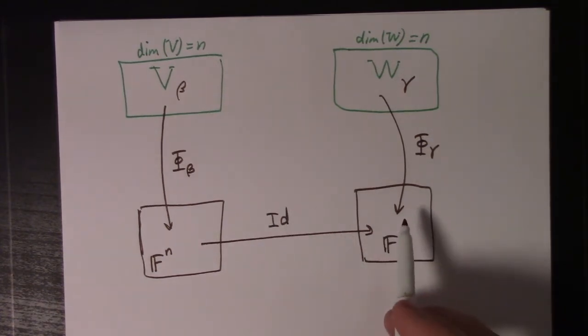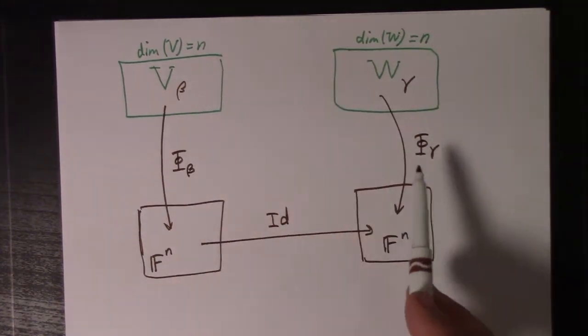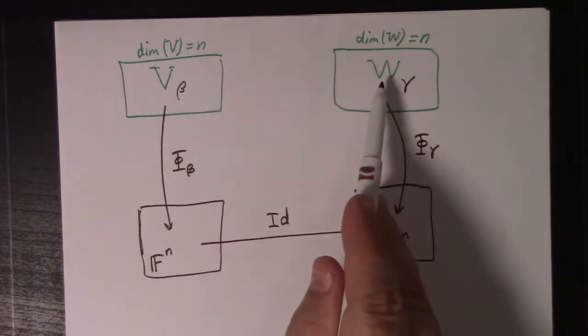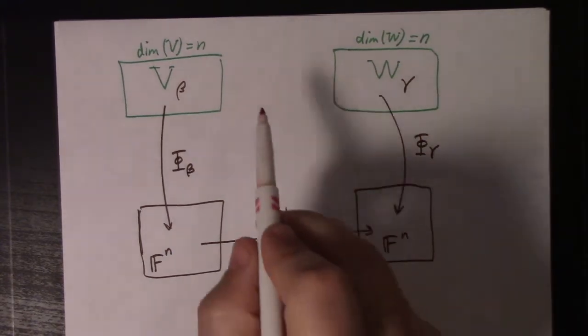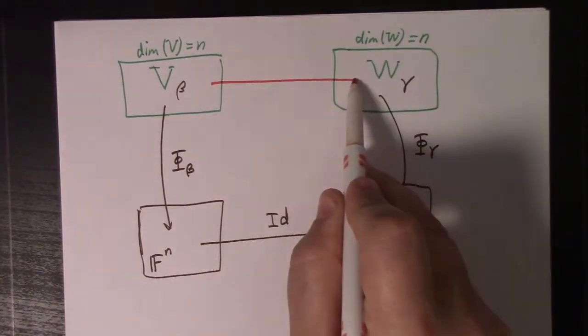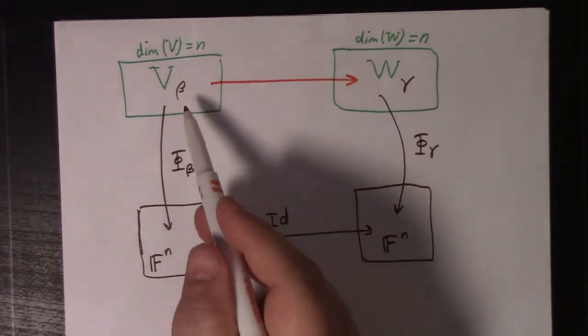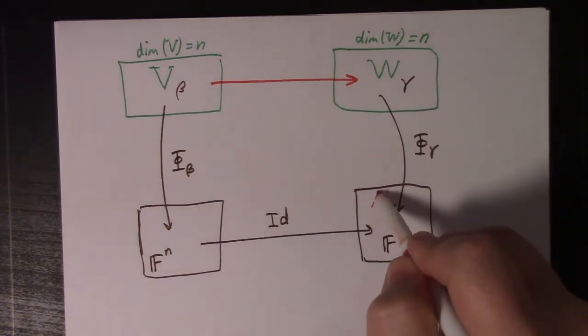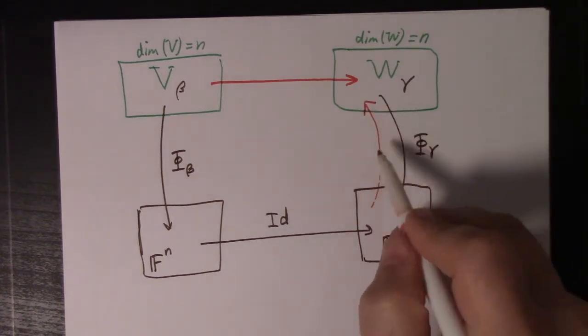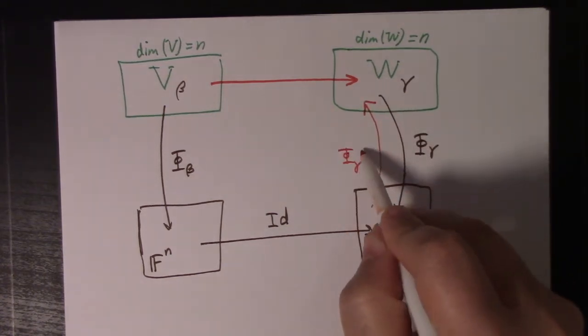Now I want to build a linear bijection going from V to W. How do I do it? I just use the picture. So to get from here to here, I can just take this path instead. So I need to go the opposite way. That would be phi gamma inverse.